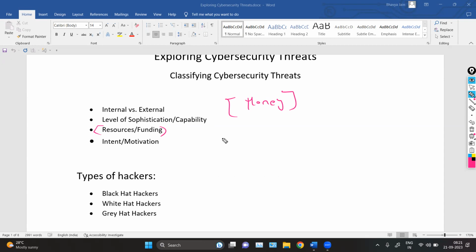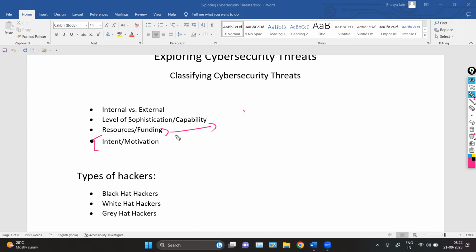So some hackers use resources and funding, and some hackers use no resources and funding from third party entities. For example, let's say there's a group of hackers who hack for the government. Of course the government will pay for them, for the hacks, for the systems, the services, and the resources.